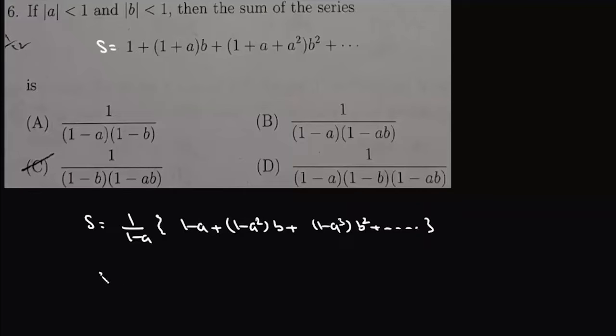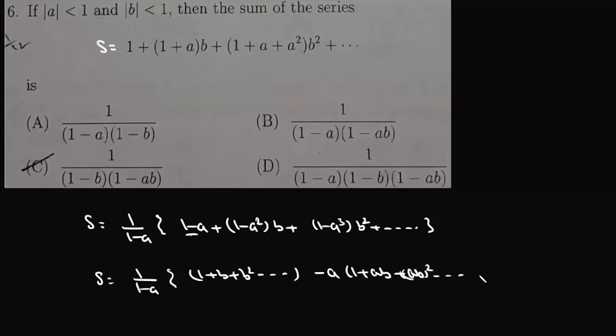Now I'll split this series in two parts. So it'll be this 1 minus a, and then I'll consider this first series 1 plus b square up to infinite, taking the first terms, and then from the second terms I'll take minus a common, and that'll be 1 plus ab square up to infinite, both of which are infinite GPs.